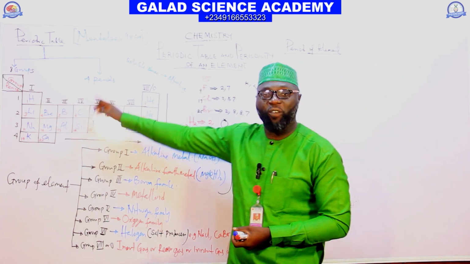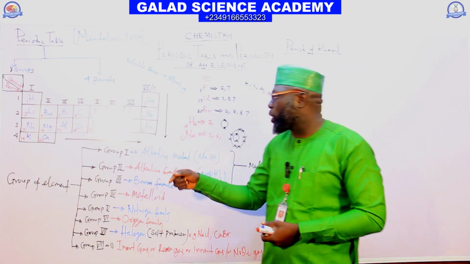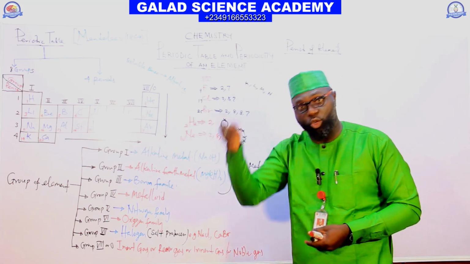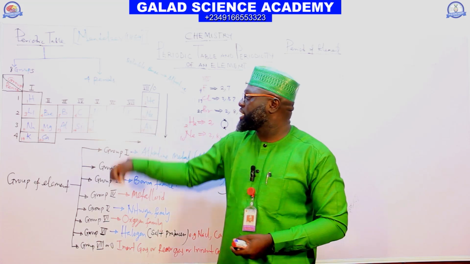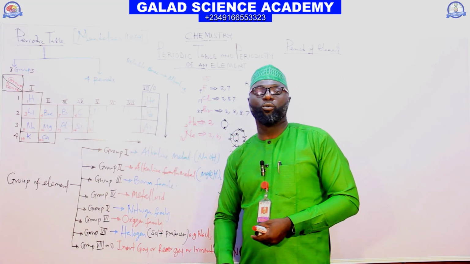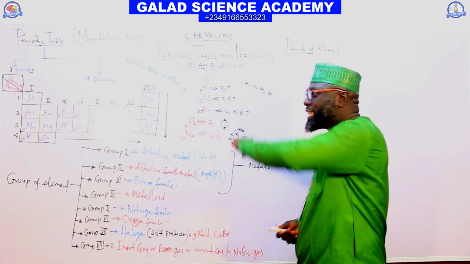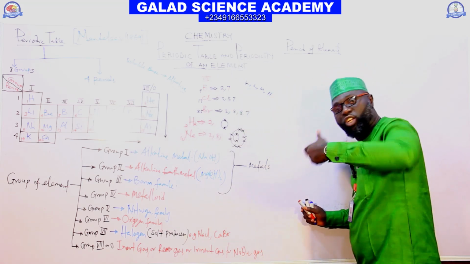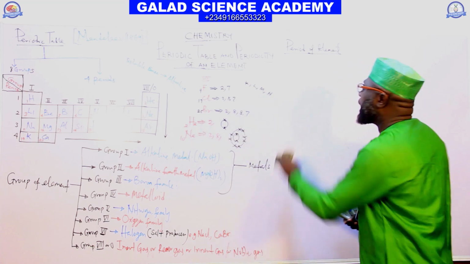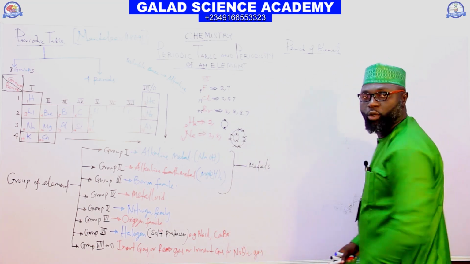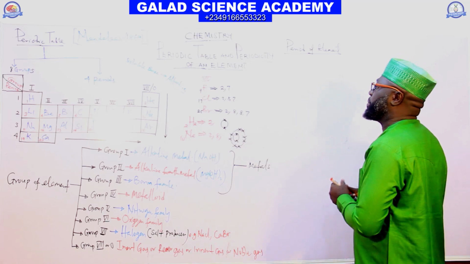To determine the group of an element, we look at the outermost electrons. But how do I know the period of an element? You count the number of electronic shells.